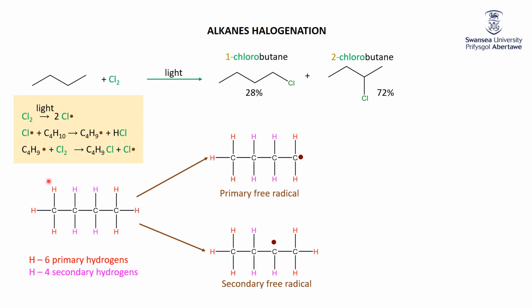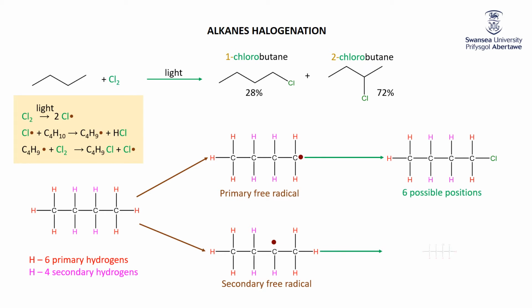At this point, of course, they find another chlorine molecule, grab a chlorine off there, and so we either make the 1-chlorobutane here, and there are 6 possible positions we could have used for that, because the radical can be there, or there, or there, or there, or there, or there. So 6 hydrogens could have been lost all the way through to give us 1-chlorobutane.